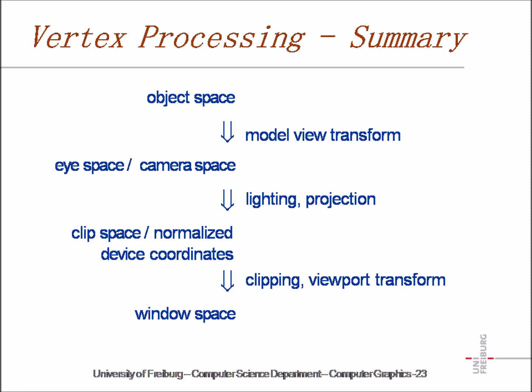In the diagram, the object space is the 3D space, the natural world. Here we apply model transform and view transform. Further, simultaneously in the same realm, lighting and projection are applied, and then finally clipping and viewport transform are computed to generate window coordinates, which is our 2D screen.